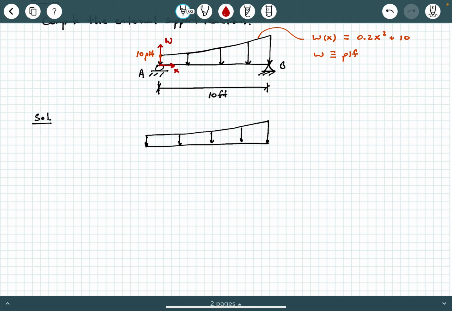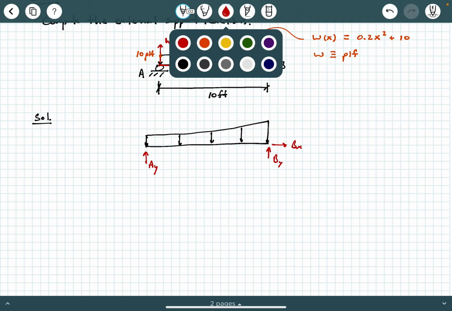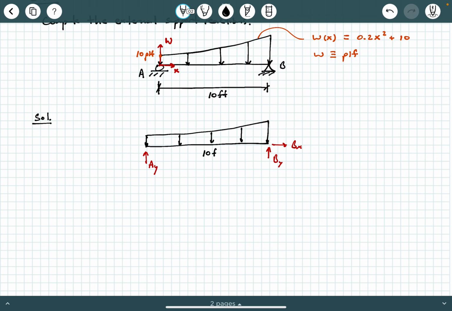And we know that the reactions are Ay at the roller, and then at point B we have a By and a Bx, and we know that the length of this is 10 feet. I'm just going to put that right there. And then, of course, we know the load function, W as a function of x, equals 0.2 x squared plus 10.